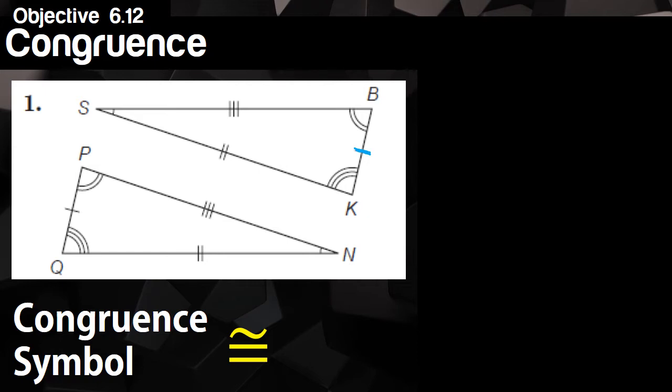There's one slash mark on the top triangle. This matches up with one slash mark on the bottom triangle. We can do the same thing for this side here with two slash marks. On the top one is going to match up with the two slash marks on the bottom one. And we have three slash marks at the top, which matches up with the three slash marks on the bottom.